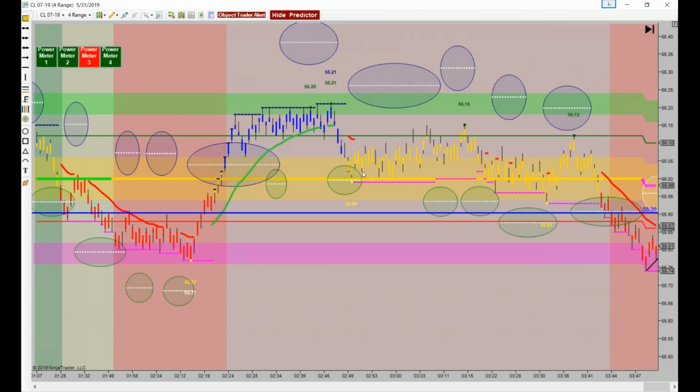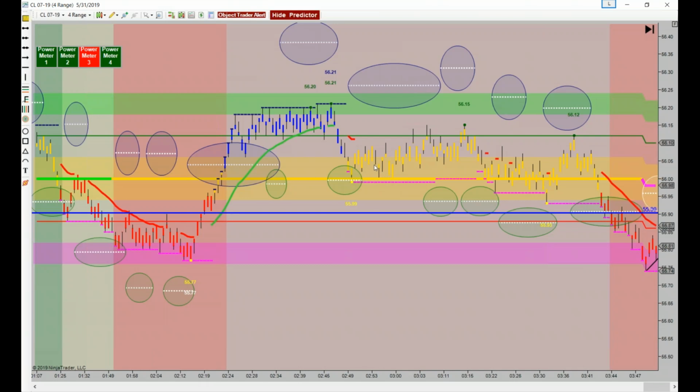But in chop, or even in any kind of trading, you've got to take a scalp. Because, for instance, if you put, say, 3 contracts on here, well, 3 might be a little bit much. Let's just say 2, and you go for 10 ticks and a runner. Well, you would have gotten your 10 ticks, but you didn't get your runner, and you probably got stopped out at break even.